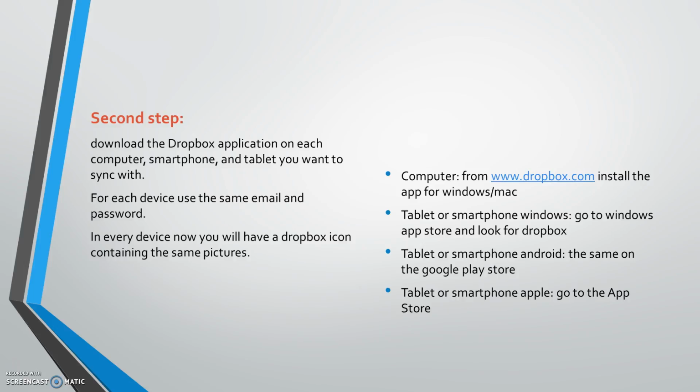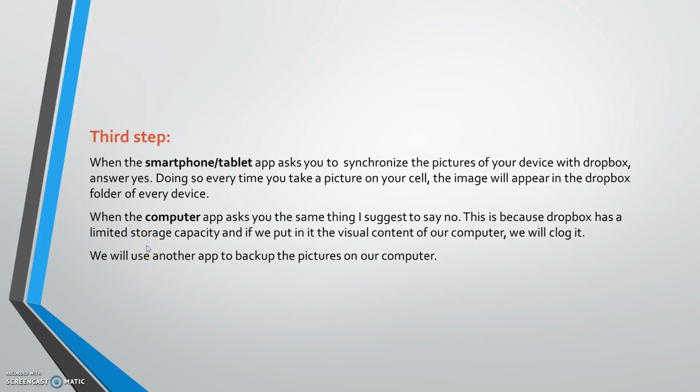The same thing for tablet or smartphone run by the Android operating system: you can find Dropbox on the Google Play Store. For the tablet or smartphone from Apple, you go to the App Store, in which case you just have to write the name Dropbox in the search space.